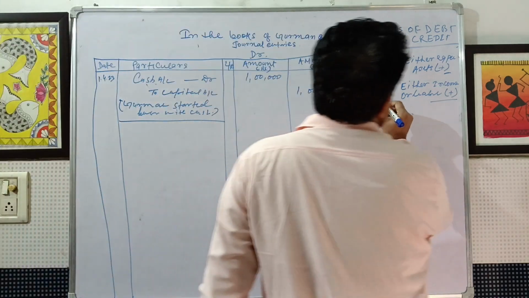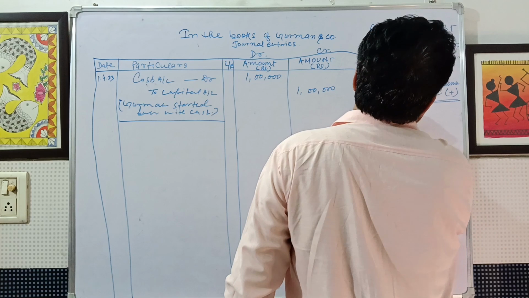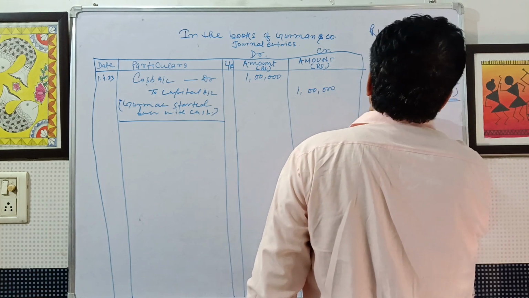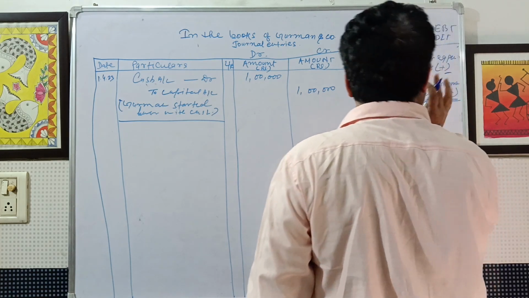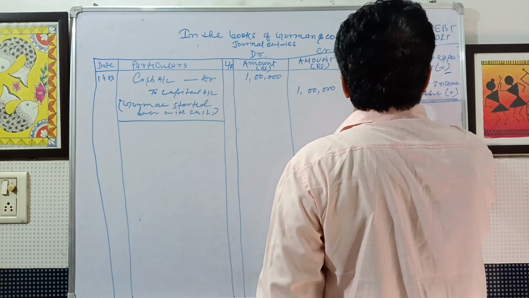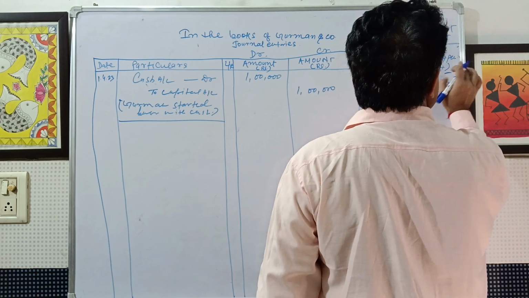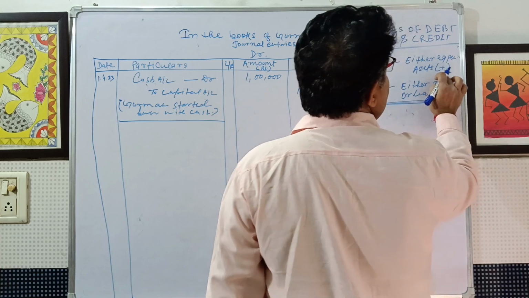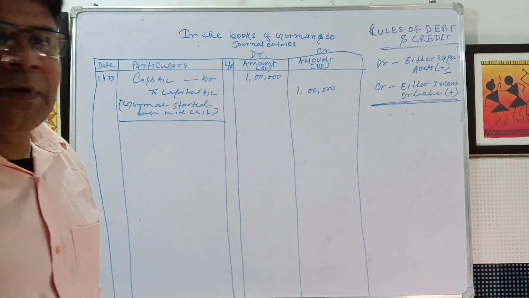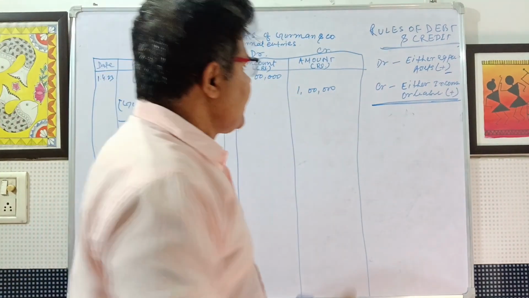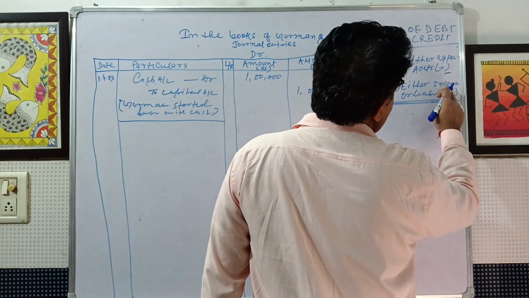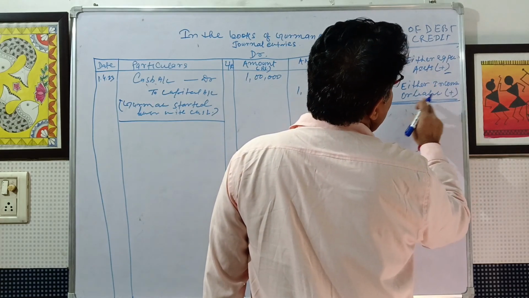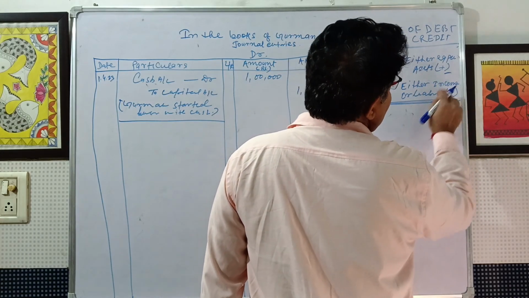You must learn and understand these two lines. Debit means either expenses or assets, but the condition is applicable: plus, plus means increase. Credit means either income or liability.